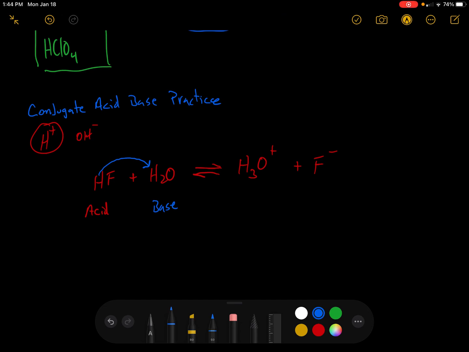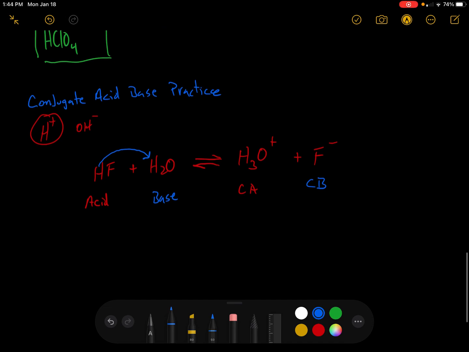The one that has the added hydrogen is going to be your conjugate acid, and the one that is missing your hydrogen atom, hydrogen proton, is going to be your conjugate base.